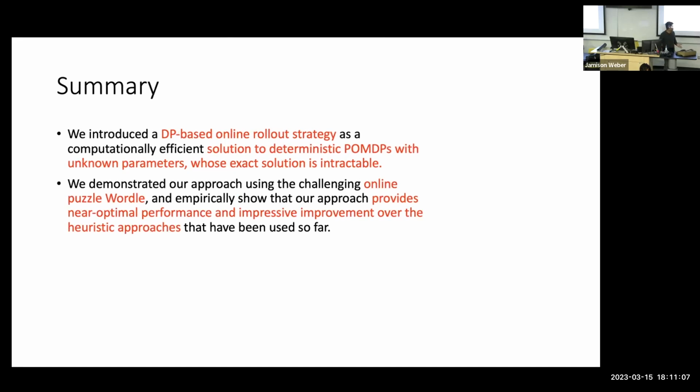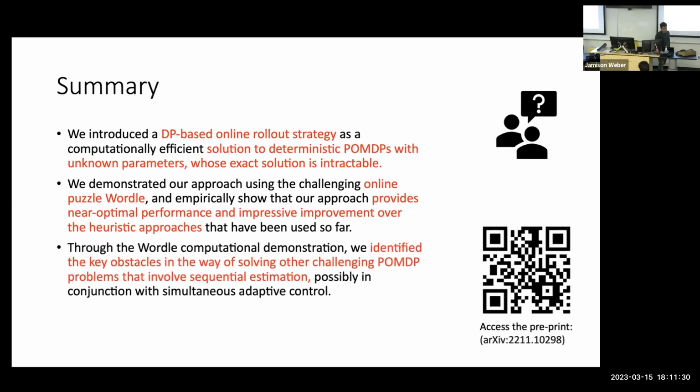We demonstrated this approach empirically using the popular Wordle puzzle. And at least I believe that working around games and showing some algorithmic improvements using games seems to be pretty interesting, and easy to understand and to discuss with other people as well. And it definitely provided near optimal performance and impressive improvement over the heuristic approaches.